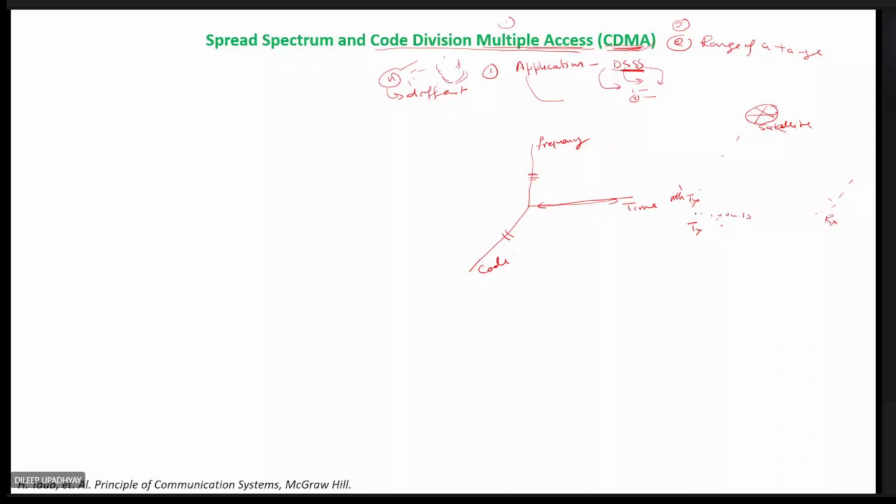Then the receivers may detect that, since they have used that time slot, and each transmitter is allocated a unique time slot in the time frame at the satellite. They can transmit in that time slot only, and by utilizing that time slot, receivers can detect that a particular transmitter has transmitted this information.